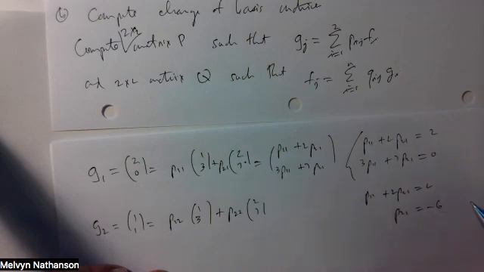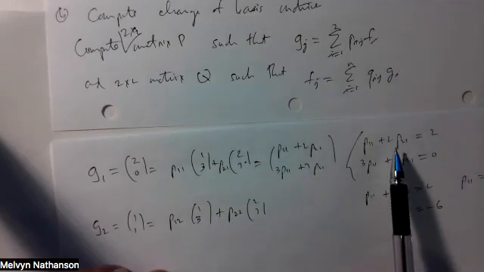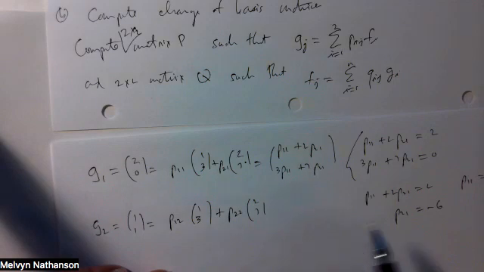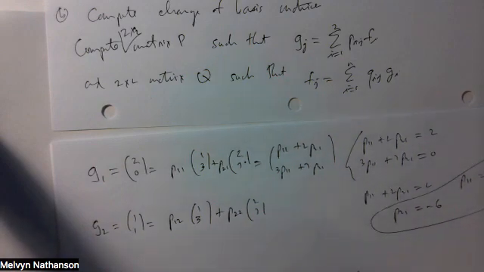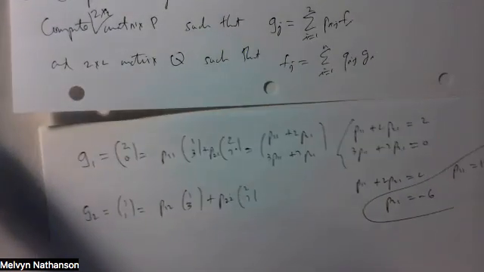So P21 is minus 6. Just plug in minus 6. So I get P11 minus 12 is 2. So it looks like P11 is going to be 14. Let me just check. 14 minus 12 is 2. No, something's not right. Oh, maybe it is. 42 minus 42 is 0. So that's P11 and P21.